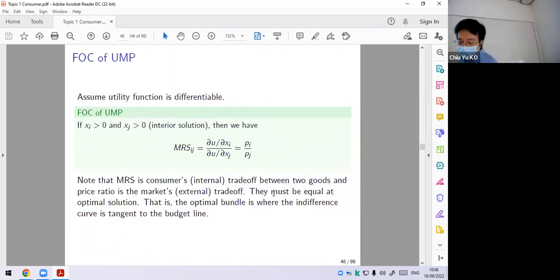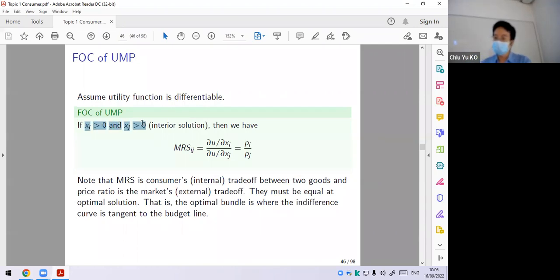And here is the first result. We're assuming differentiable, and we're assuming quasi-concave. In that case, we have a unique optimum bundle, and assuming we have an interior solution.